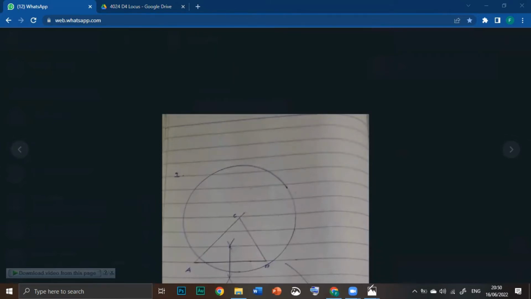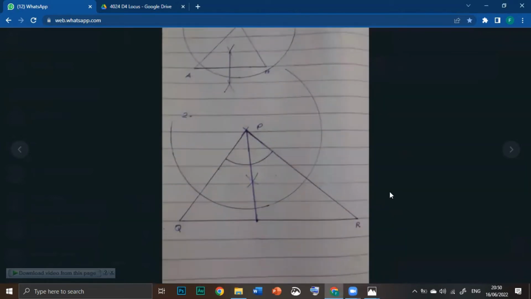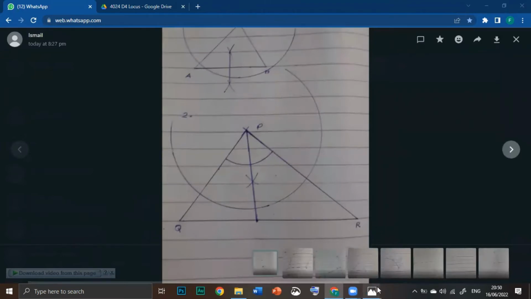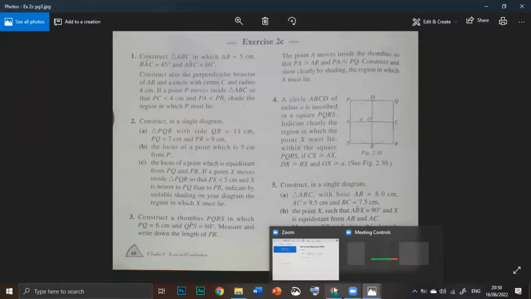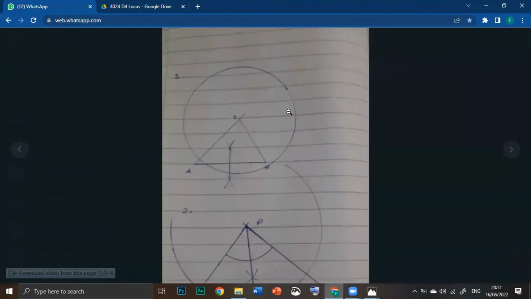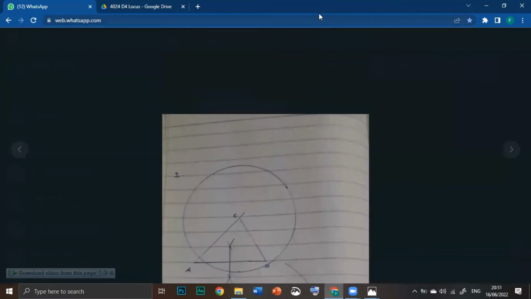Now, the question is, PC is less than 4 centimeters and PA is less than PB. These two are the conditions given.